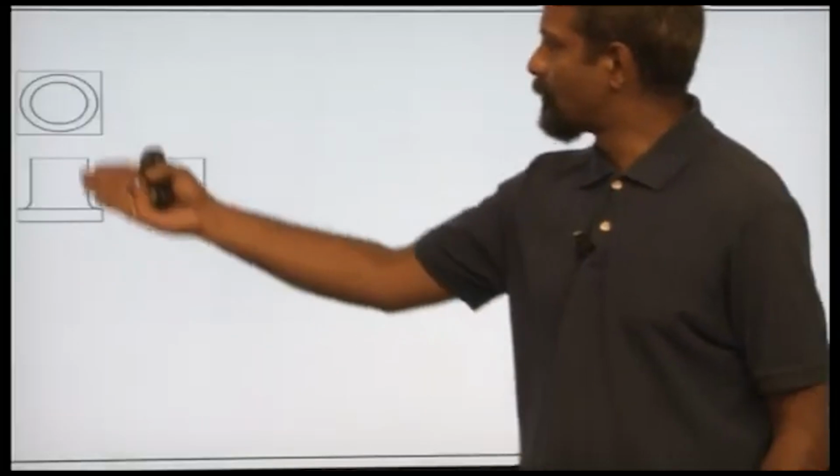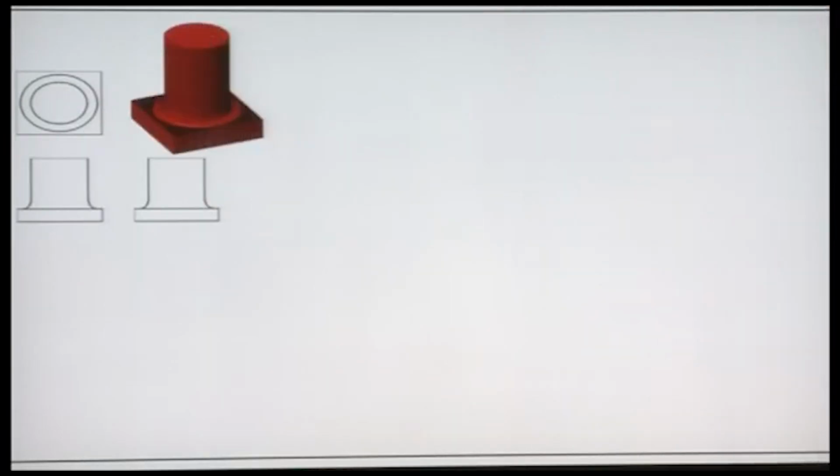If you are given the three views of different objects, it is possible for you to reverse engineer and, not try to estimate or predict, but actually know exactly what the object is going to look like in three dimensions. Like in this case, for example, if this is the front view, the top view, the right side view, this is how the object looks.